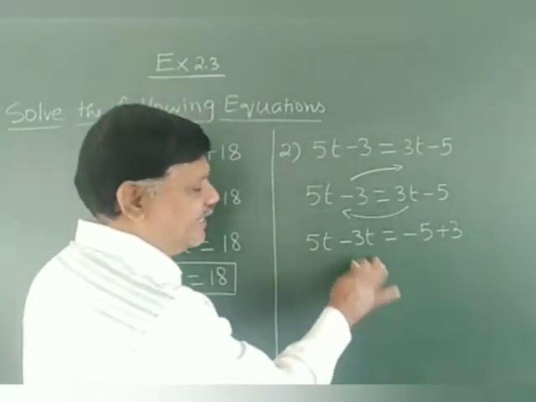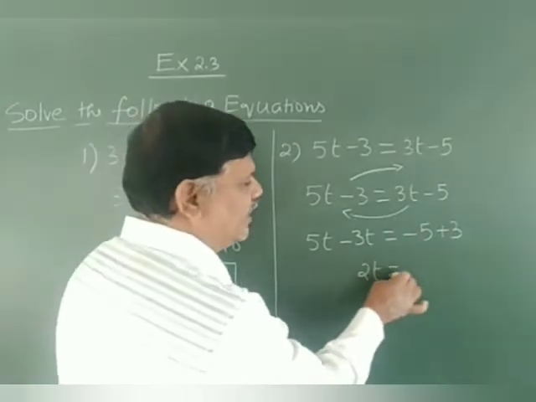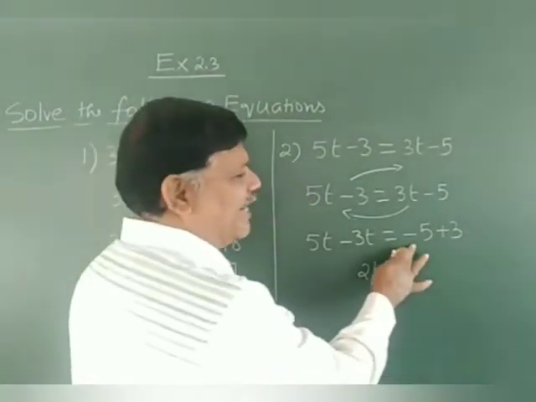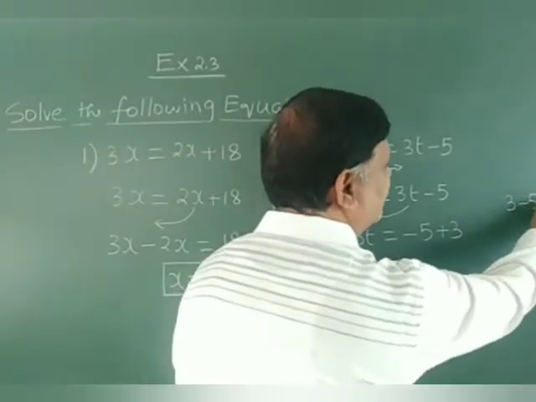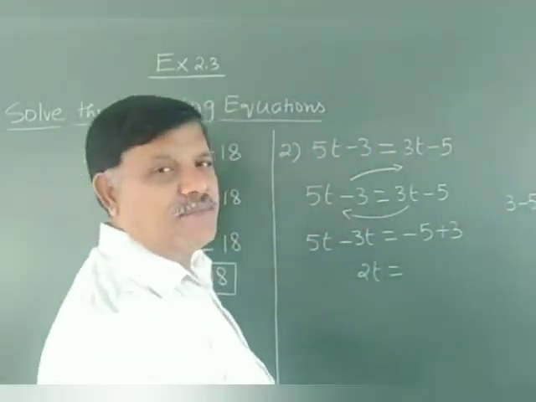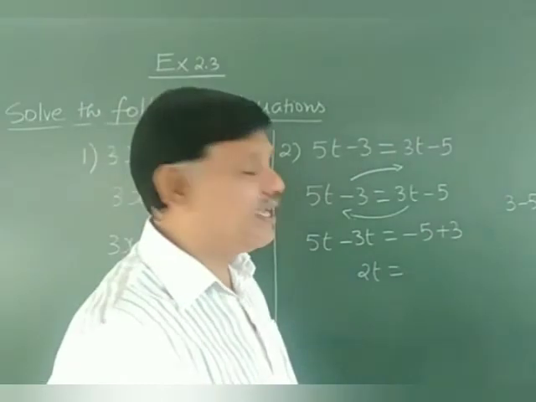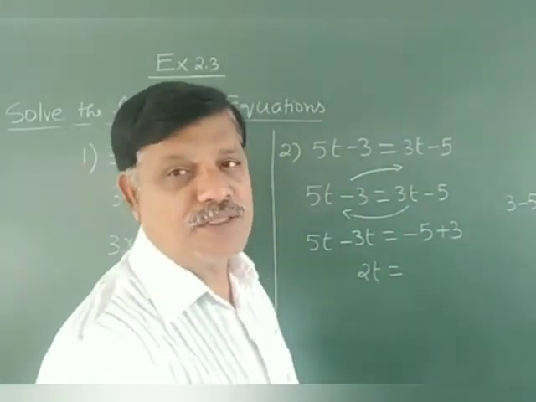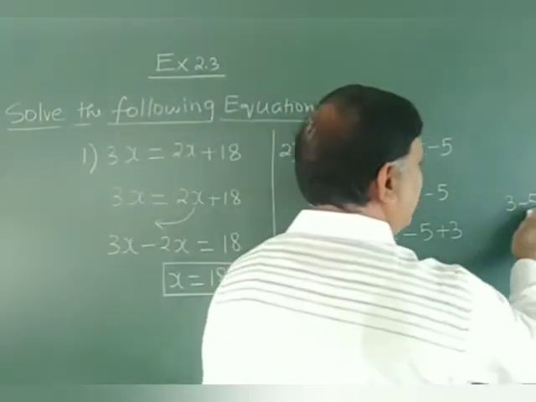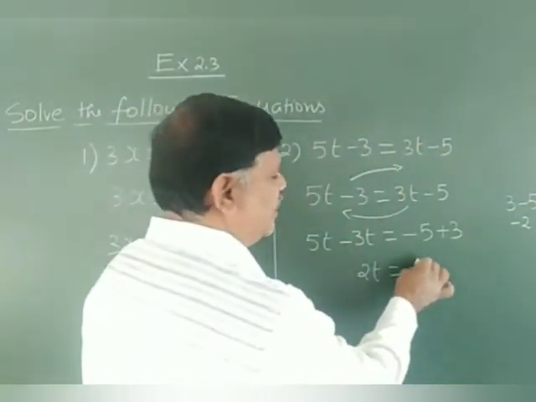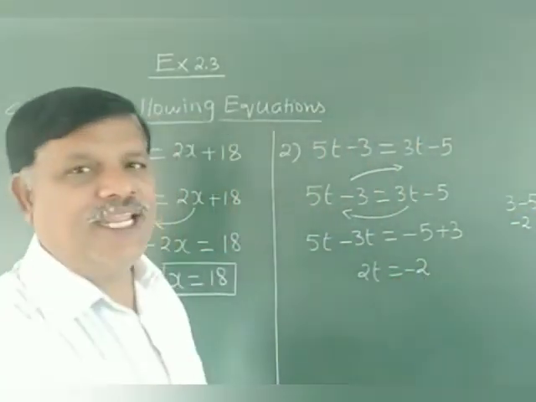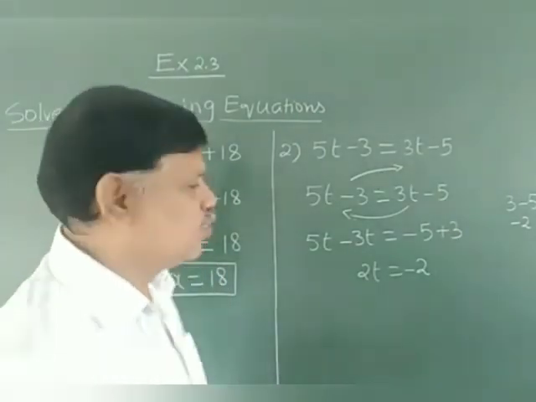5t minus 3t gives you 2t equal to minus 5 plus 3, meaning 3 minus 5. When the bigger number is subtracted from the smaller number, the answer will be minus 2. Therefore we get 2t equals minus 2.